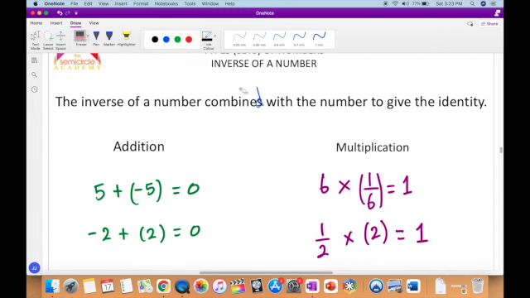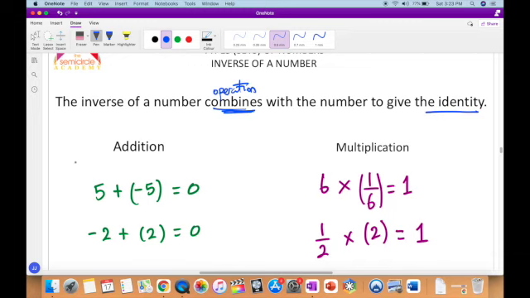No, it is combined. I was right the first time. Yes, I should trust myself. The inverse of a number combines with the number to give the identity. Right? So the inverse of a number combines with the number to give the identity. So this is through some operation, whether it be addition or multiplication.